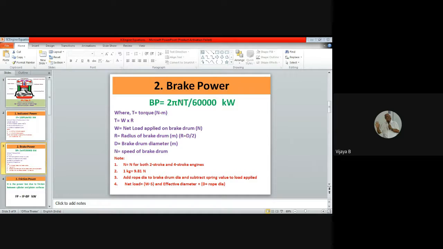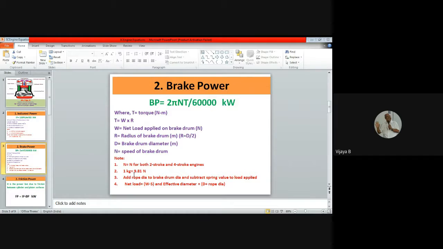Since RPM is to be converted into RPS, revolutions per second, it is divided by 60, and since it is expressed in kilowatts, to convert watts into kilowatts, it is divided by 1000. Therefore, 60 into 1000 is 60,000. And for 2-stroke or 4-stroke, N equals n as far as BP is concerned.